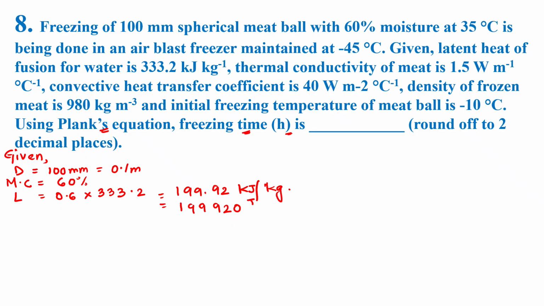Density of food is 980 kg per meter cube.